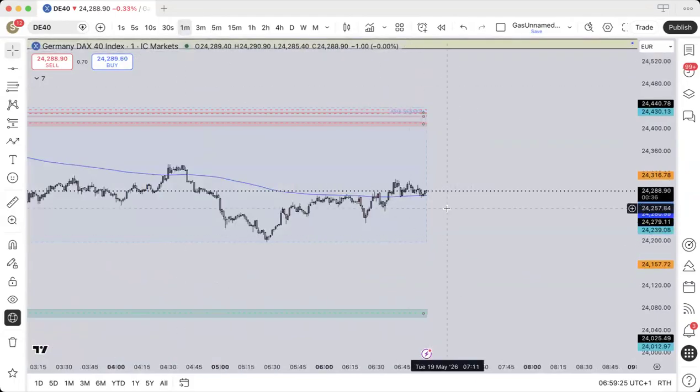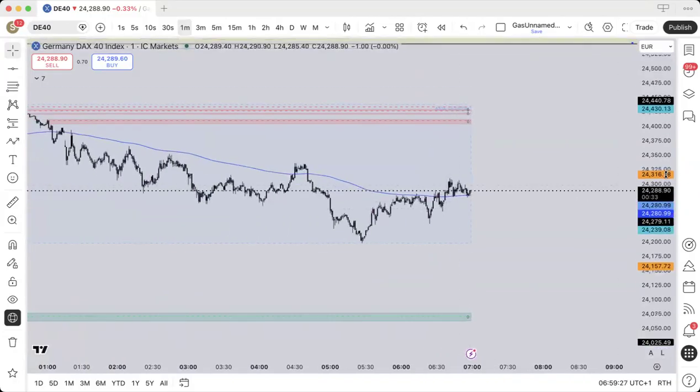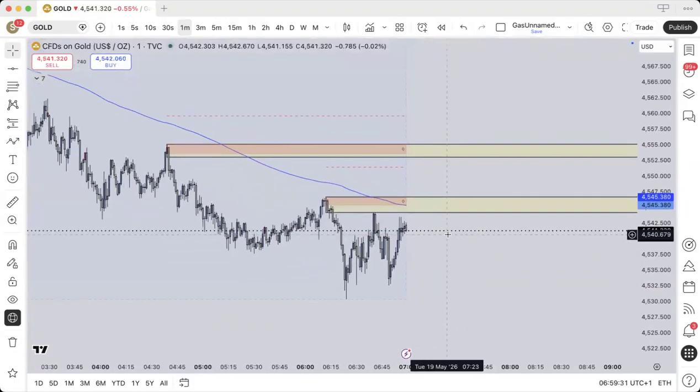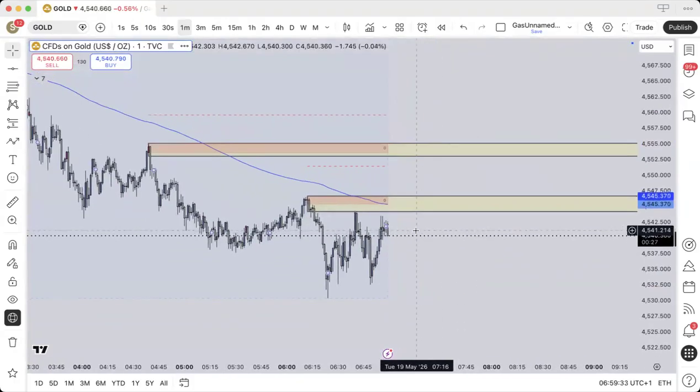Right, 1 minute. Let's see if we can catch a live trade. I'm going to get back onto gold. Gold's looking a little bit more appealing today.